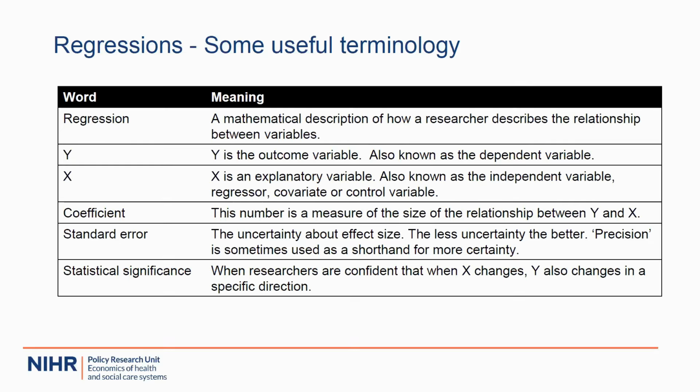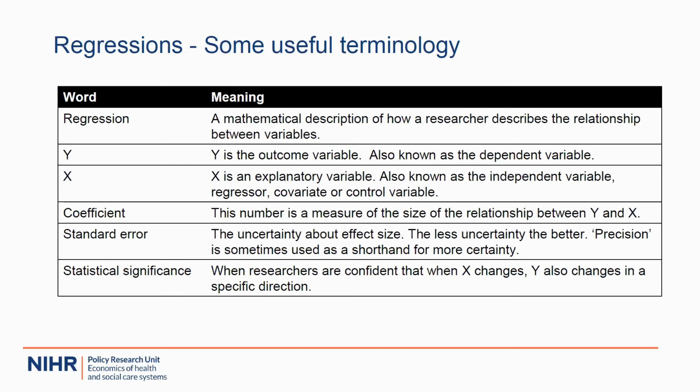We then have a coefficient, and that's a number to represent the relationship between X and Y, and it says something about the size of that relationship. That earlier question mentioned in session 1 about how big the effect is is told to us by the coefficient.